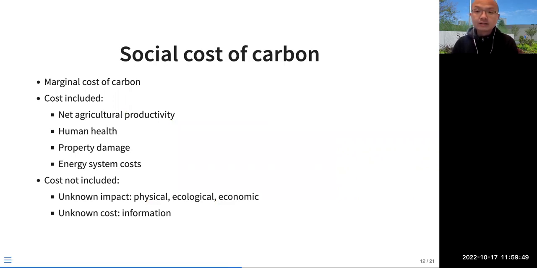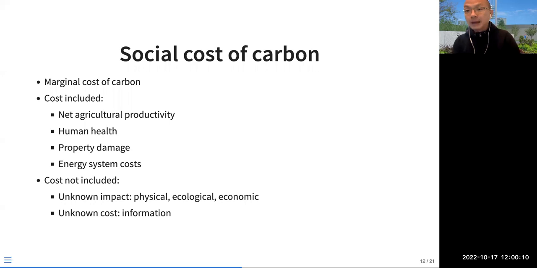So the social cost of carbon is the marginal cost of carbon, which means if you emit 1 extra ton of carbon dioxide to the atmosphere, what is the damage it creates. So that's the social cost of carbon.